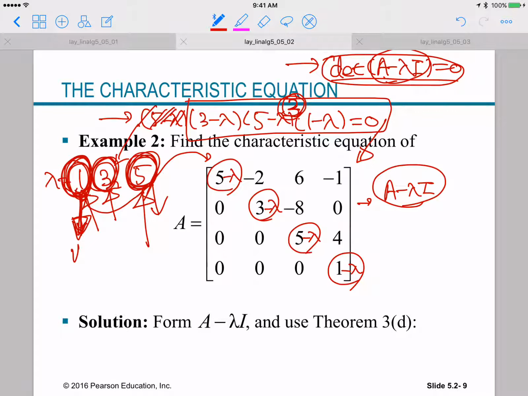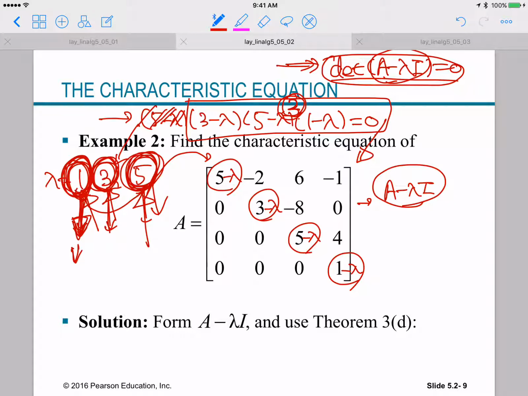Because the definition of this solution or this characteristic equation is defined that way. And so 1, 3, and 5 each will have at least one eigenvector. Okay, so again, we now think about the count or the number of eigenvectors for each particular eigenvalue.